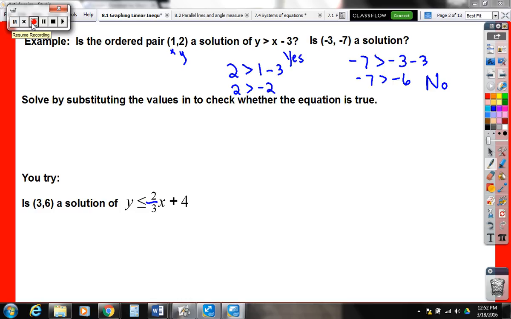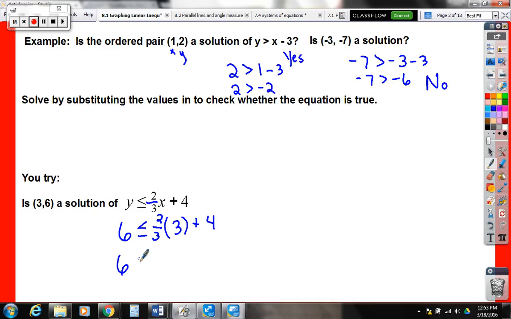Okay, Noah, did you find, is it a solution? Yes. Okay, tell me what you did to find that. Y is 6, so we have 6 is less than or equal to 2/3 times 3 plus 4.